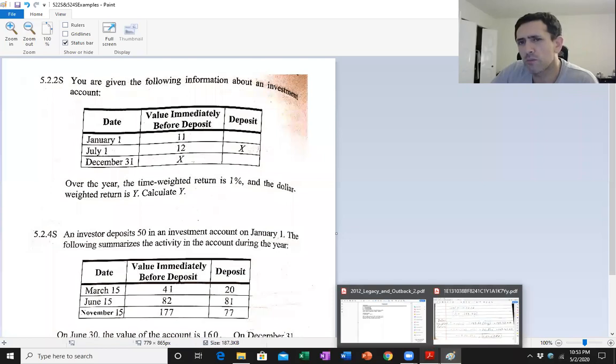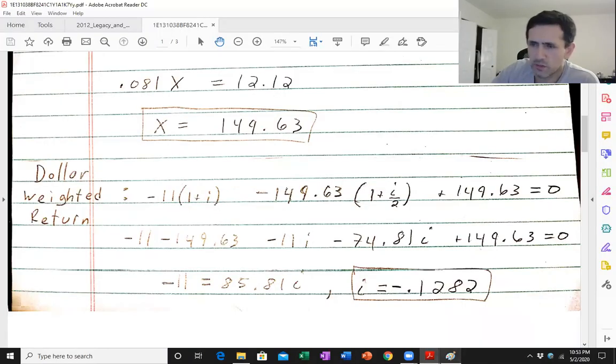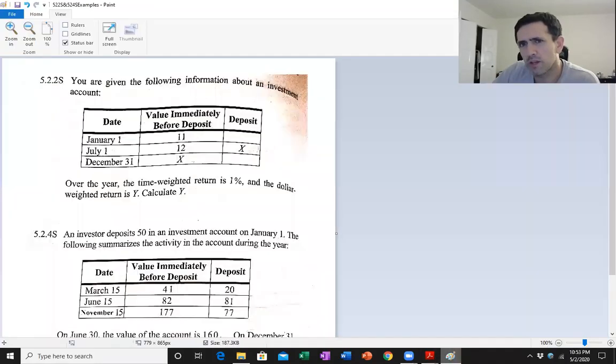That's our cash flow. Those 3 numbers: minus 11, minus 149.63, plus 149.63, that's our cash flow. Okay, enough of that.